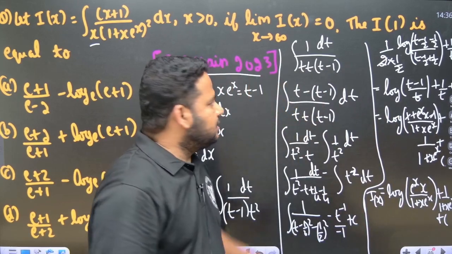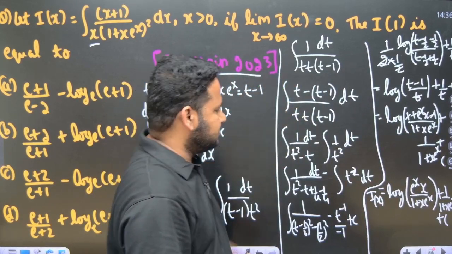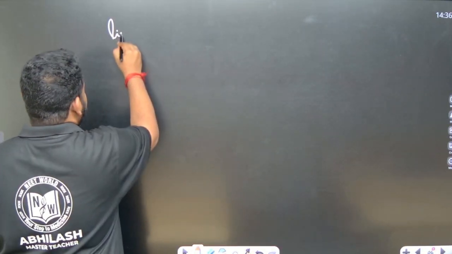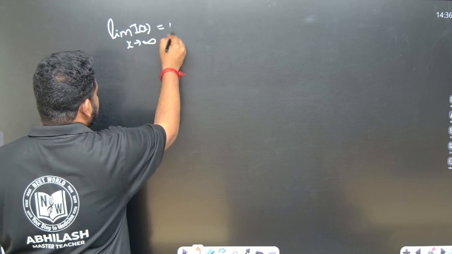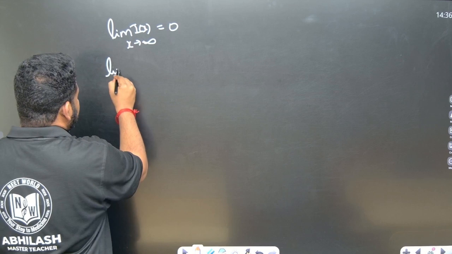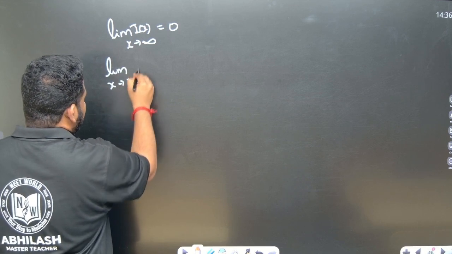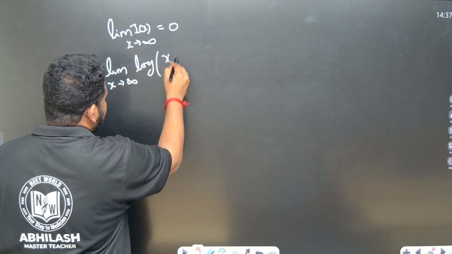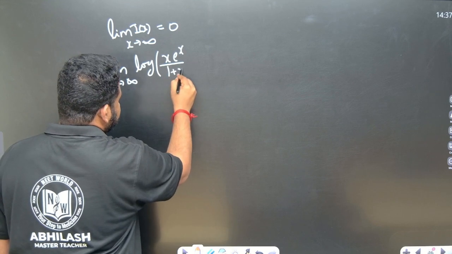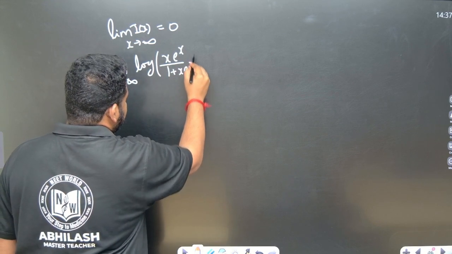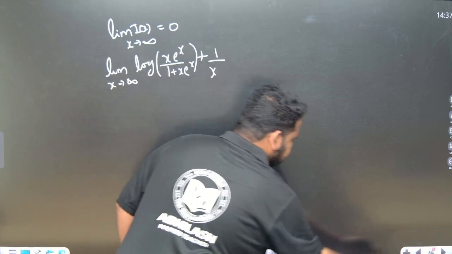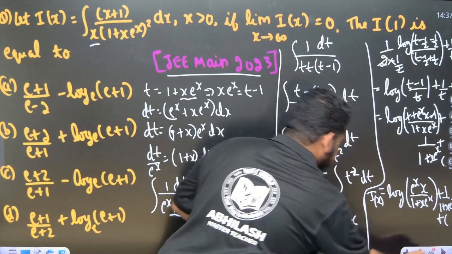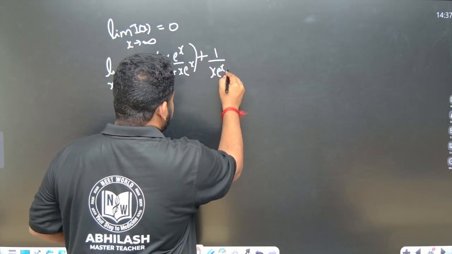But now I have to find the limit of I of x as x extends to infinity, which is given as 0. So the limit as x extends to infinity of log of x into e power x divided by 1 plus x into e power x, plus 1 by x into e power x plus c is given as equal to 0. Here, 1 plus x into e power x is t, so 1 by t is x into e power x plus 1.